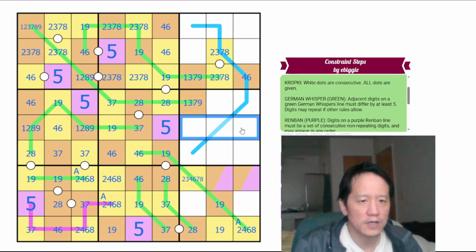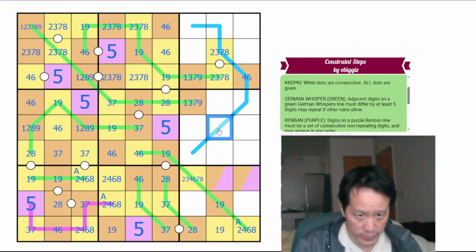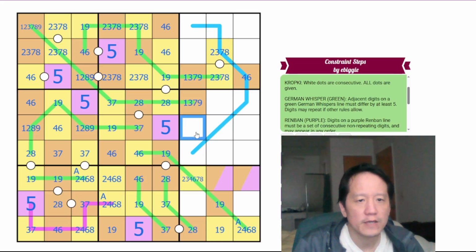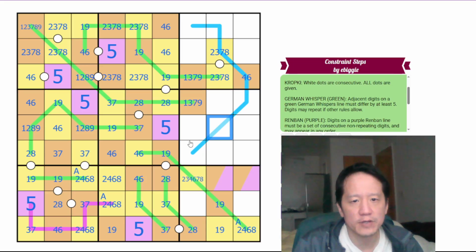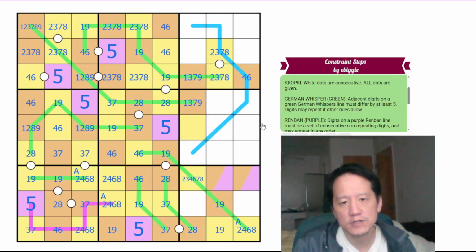We need a yellow 2, 8. An orange 4, 6. Well, yellow 2, 8 cannot be here. And a yellow 3, 7. Okay. Yellow 2, 8 and 3, 7 cannot be here. So this is yellow. This is yellow. This has to be orange then, which is orange 4, 6.